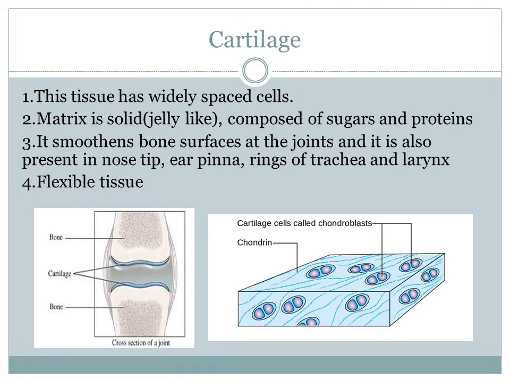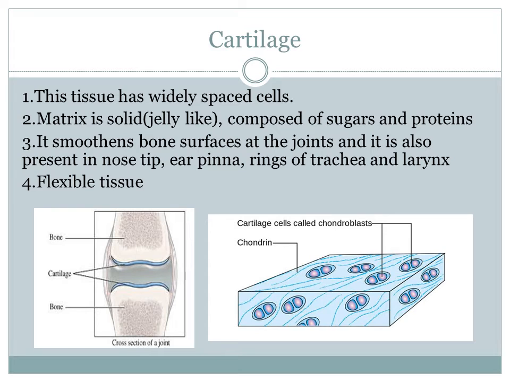Now we will talk about cartilage connective tissue. This tissue has widely spaced cells and have jelly-like soft solid matrix composed of proteins and sugars. This is very flexible tissue.